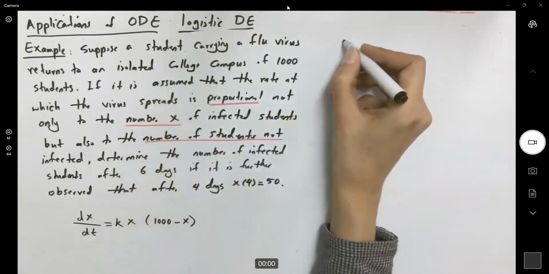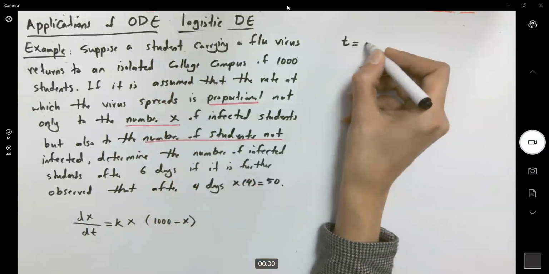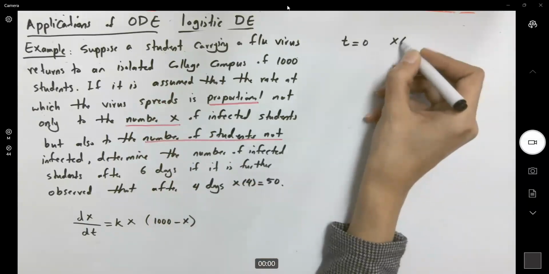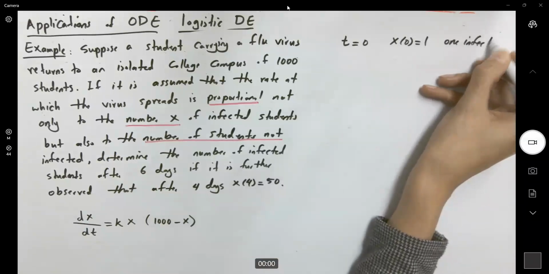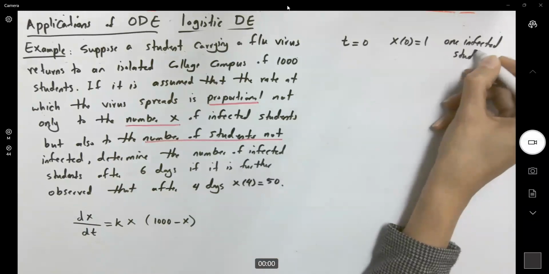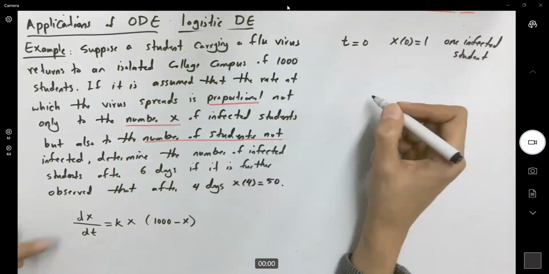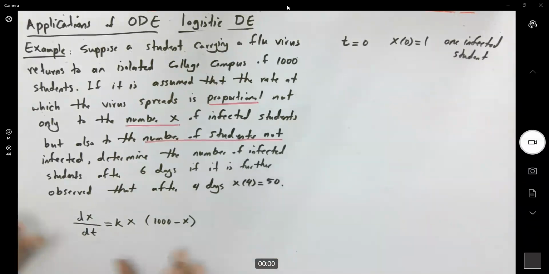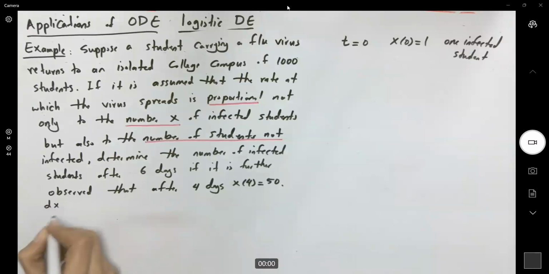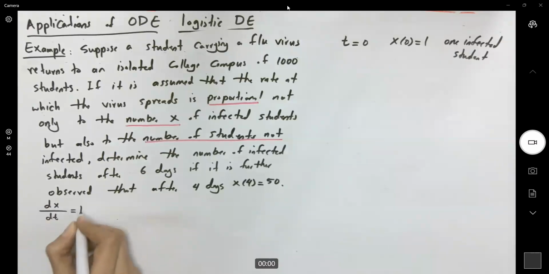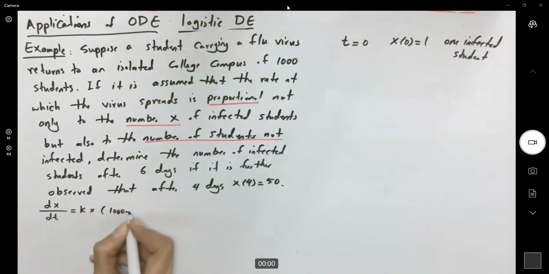So t equals 0, X of 0 is 1, one infected student. Let's plug that into the solution. So let us solve this first. Let me rewrite this here. I need more space. dx/dt is kx times 1,000 minus x.